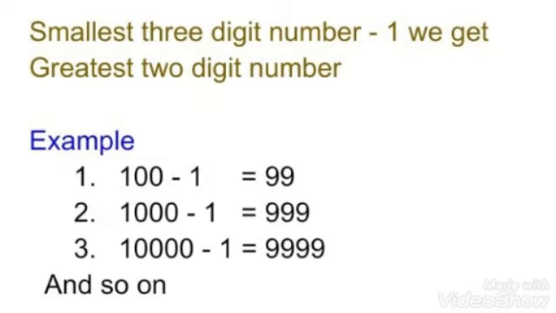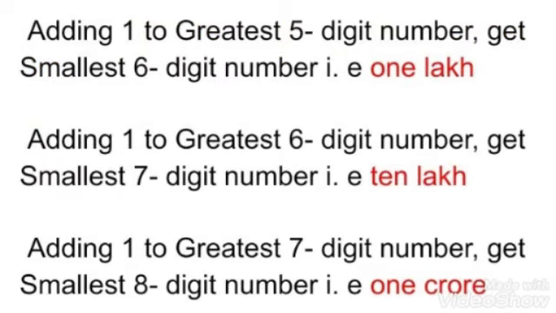Try it with other digits also, with the smallest 4 digit, 7 digit, 6 digit, 8 digit numbers, like this. You will get the greatest number. Adding 1 to the greatest 5 digit number, we get the smallest 6 digit number, that is 1 lakh. If you add 1 to the greatest 6 digit number, you get the smallest 7 digit number, that is 10 lakh.